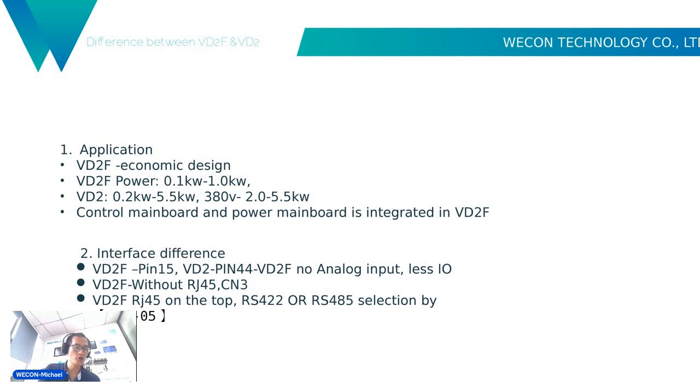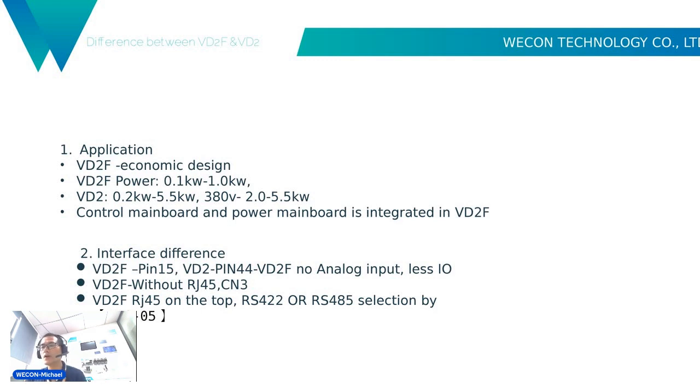That's why VD2F can be economic. Also, VD2F is designed for small machines with budget requirements. VD2F power is from 0.1 kilowatts to 1 kilowatt, and the power supply is 220.